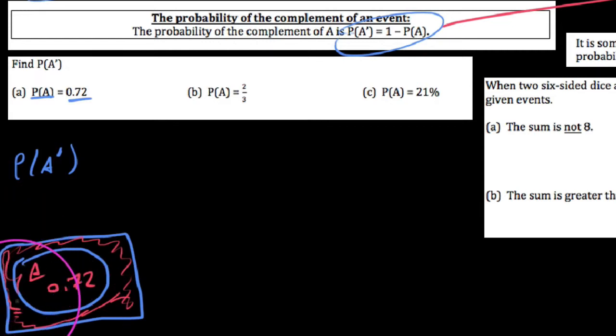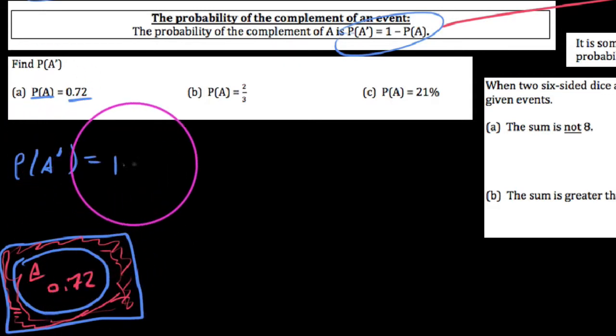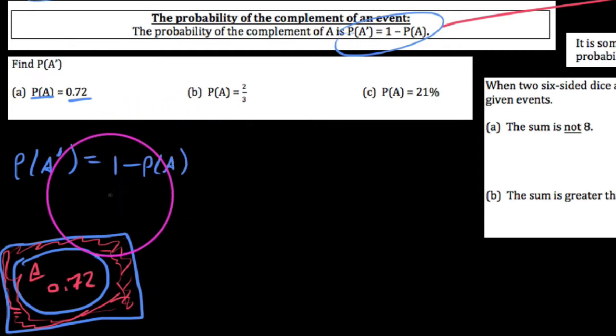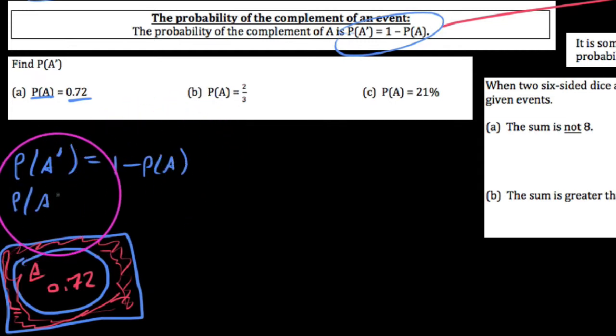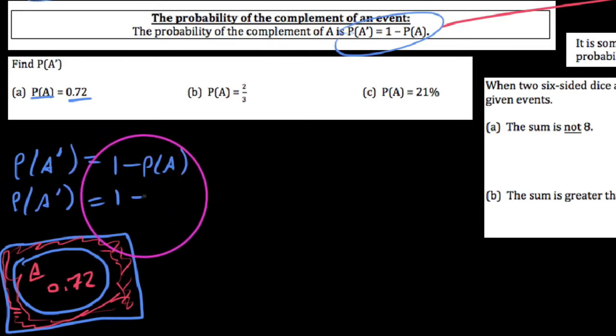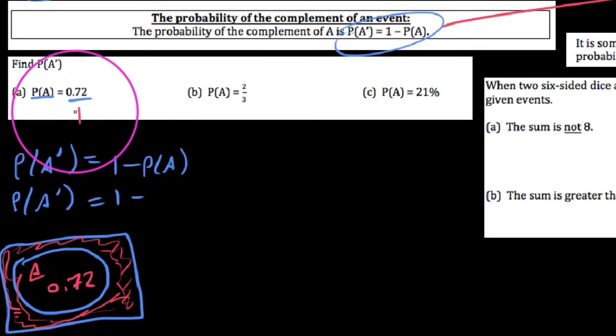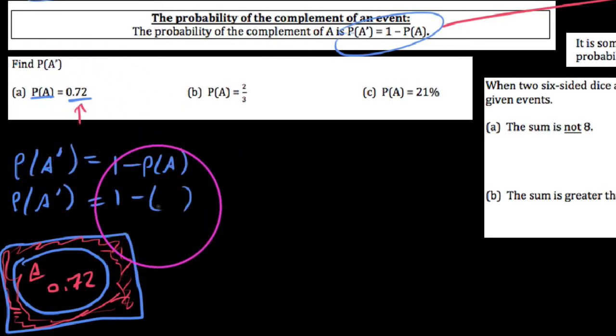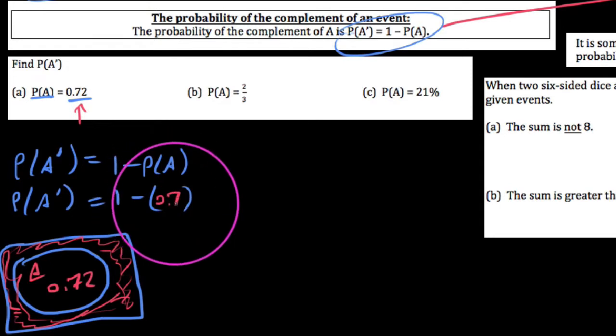And what we know is this plus the 0.72 has to add up to one whole total thing, 100% of our stuff. So we say it's 1 minus the probability that it does actually occur. In other words, the probability that anything but A happens is 1 minus the probability of A, which we've been given as 0.72. So we insert the 0.72 in here.